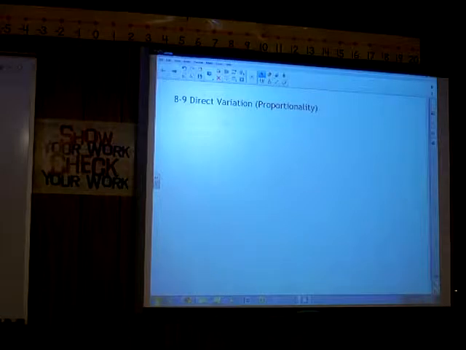Well, what we're talking about when we're talking about something that's directly proportional, and this is as opposed to inversely proportional, okay? Directly proportional means that we have two variables, okay?